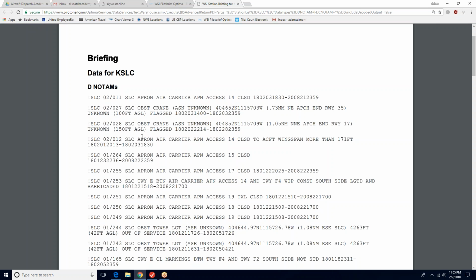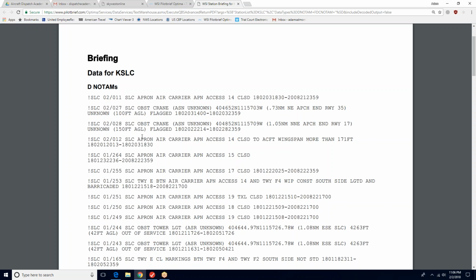You're looking for ones that say NAV, like that one in St. George that we read, with the ILS, the glide path being out of service. That's one that a dispatcher definitely cares about. Looking for the acronym of NAV, look for runway, RWY. Look for ILS, the Instrument Landing System.